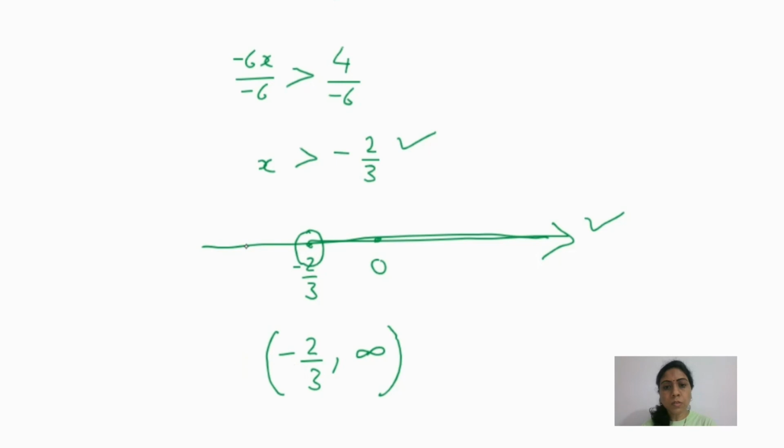So the solution set consists of all numbers greater than minus 2 upon 3. In other words, the solution of the inequality is the interval minus 2 upon 3 to infinity. I hope you understood this answer very well.